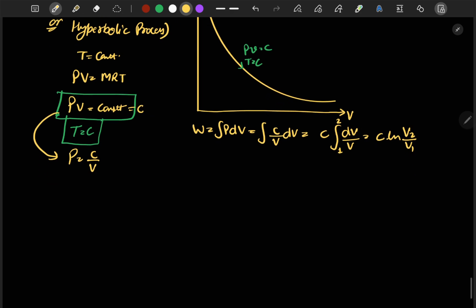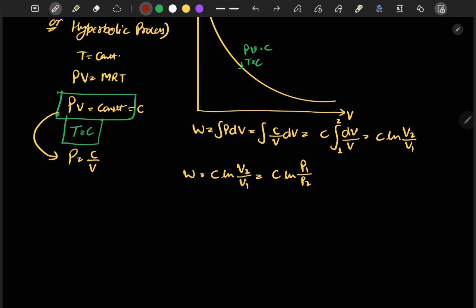So the work done in the isothermal case is C times ln of V2 by V1, or we can also write it as C times ln of P1 by P2.